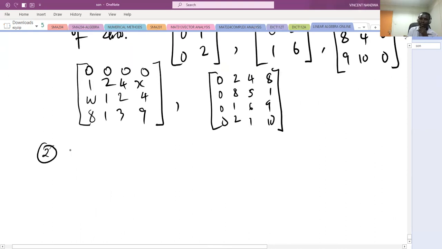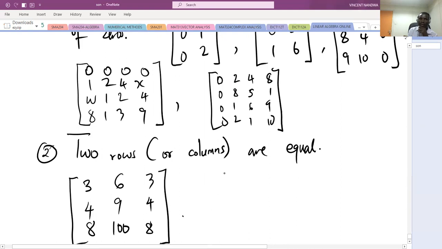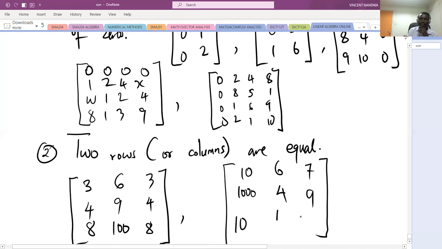Number two, two rows or columns are equal. Like if I have 3, 4, 8, 6, 9, and then 3, 4, 8, or I have 10, 6, 7, 1,000, 100, say 4, 9, and then I have 10, 6, 7.